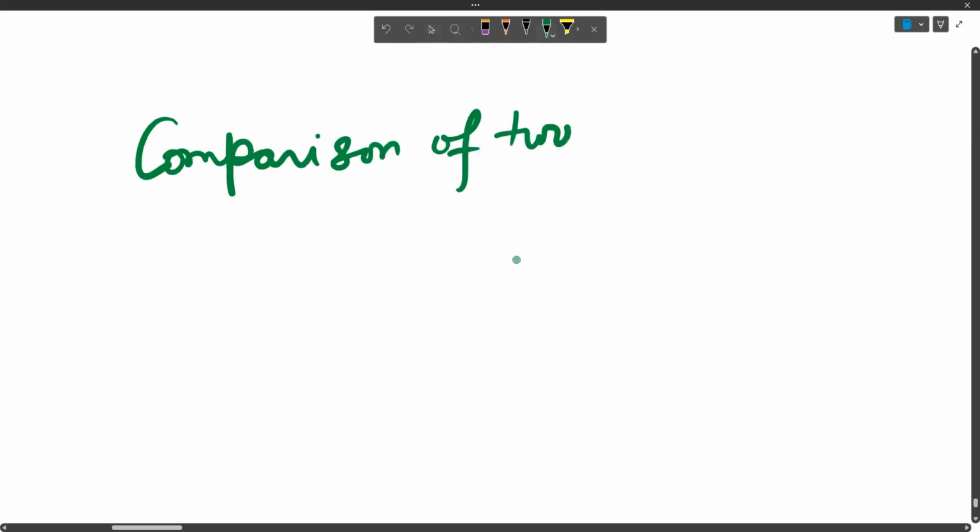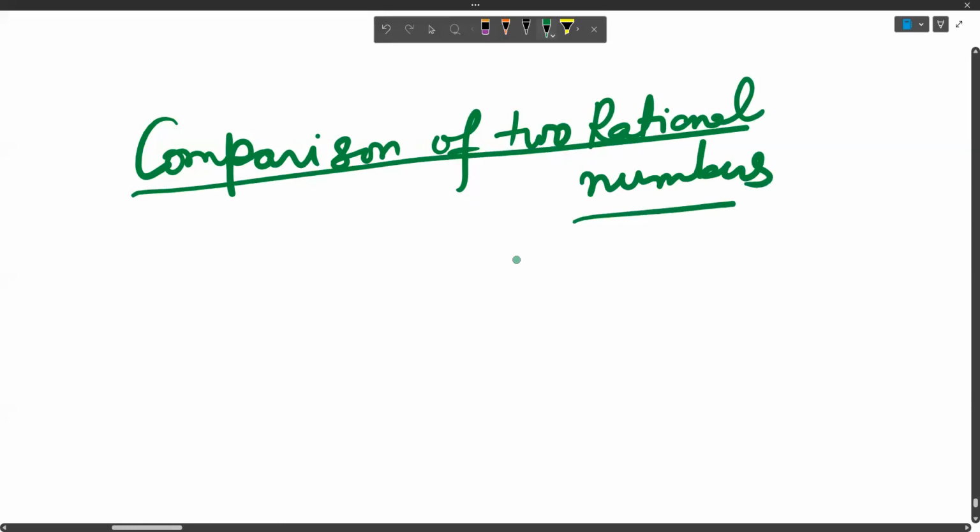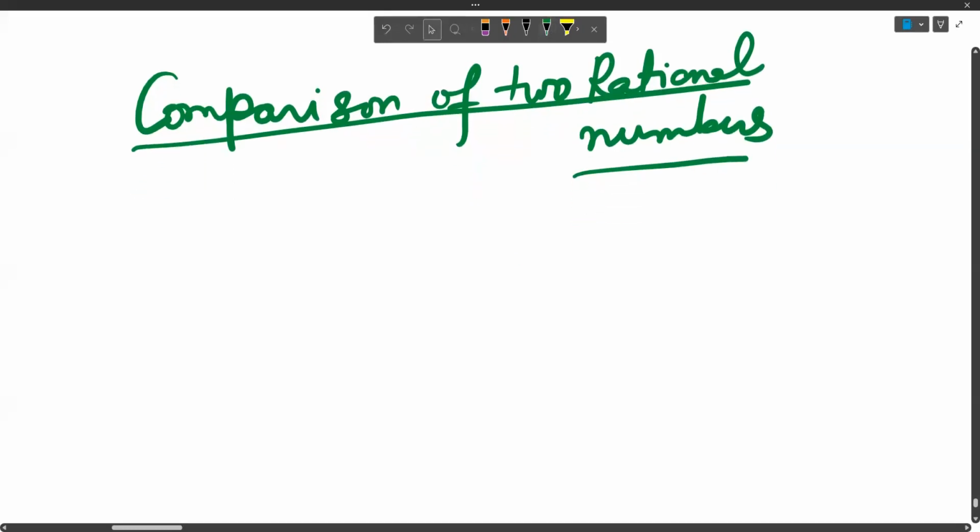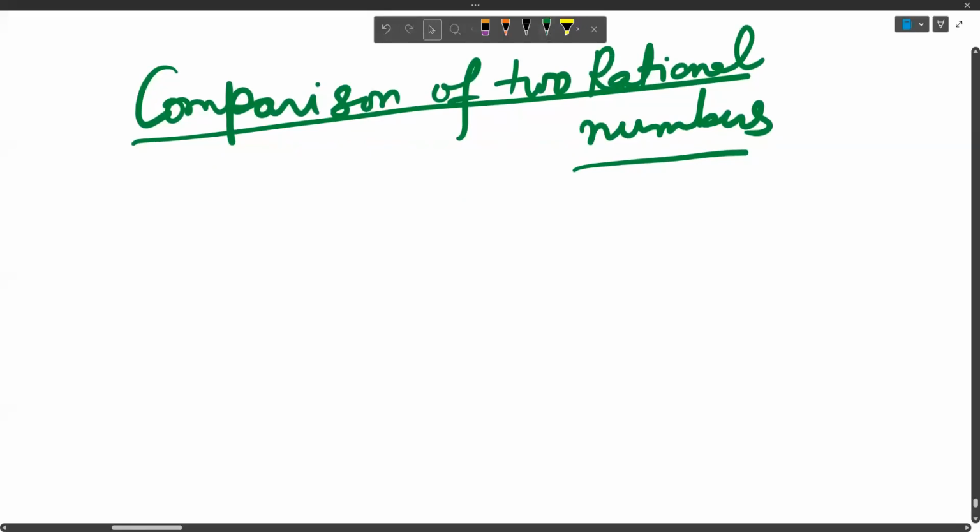Comparison of two rational numbers. Write down: comparison of two rational numbers. So children, if I say 1/2 and 1/5, which rational number is larger, more?